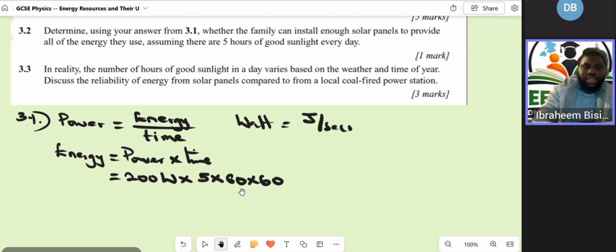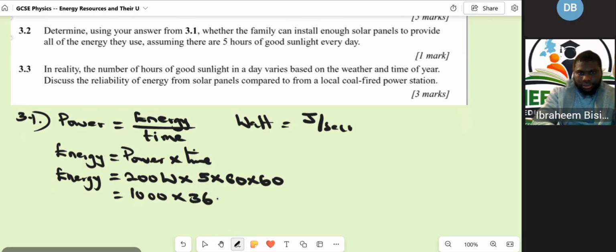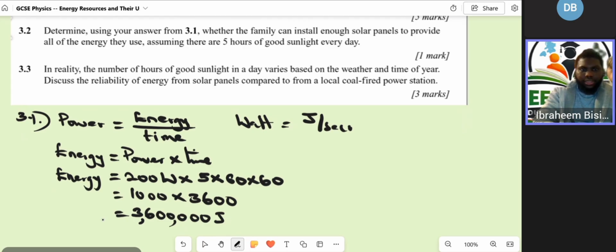So we will get the energy output from a 1 square meter solar panel. That will be 200 times 5 times 60 times 60, which gives us 3, 6, then 5 zeros: 3,600,000 joules of energy.